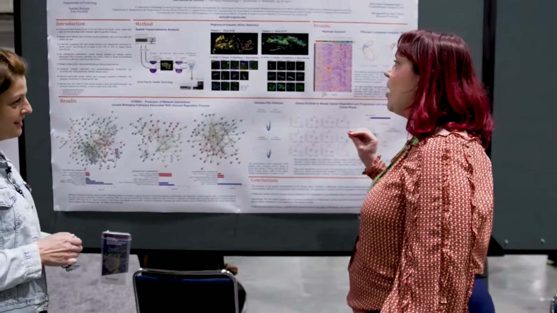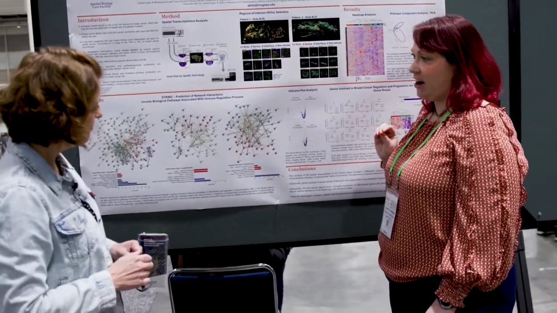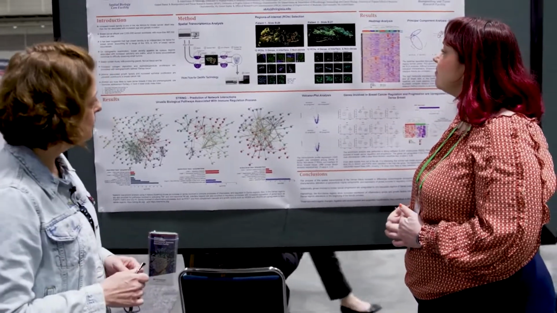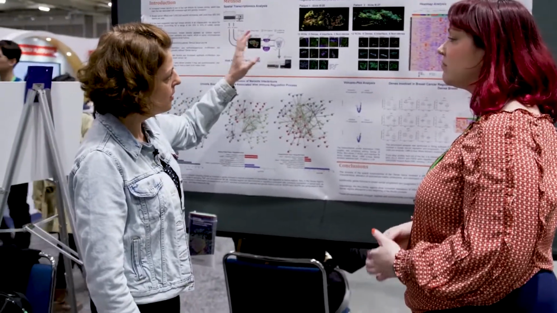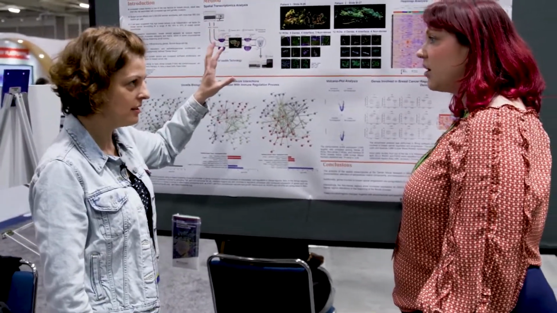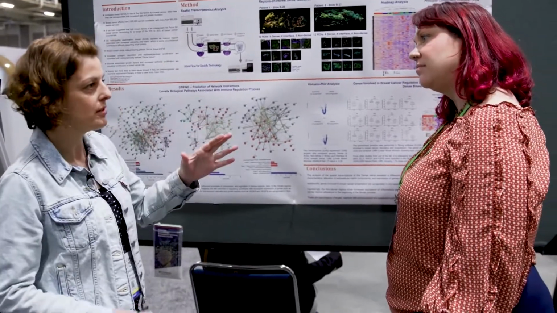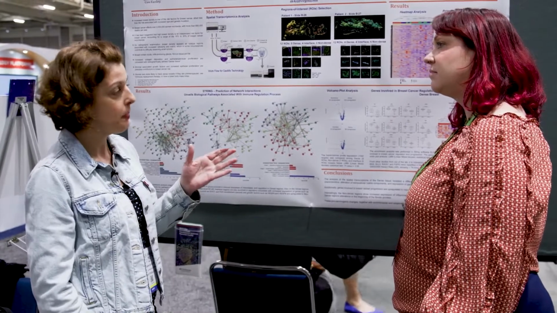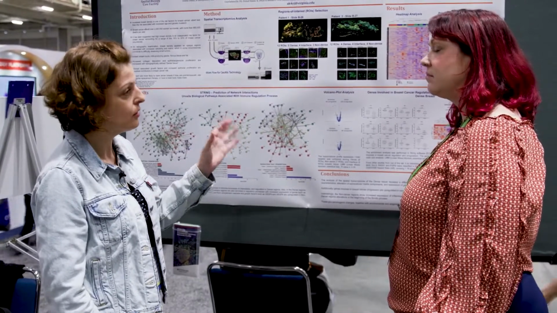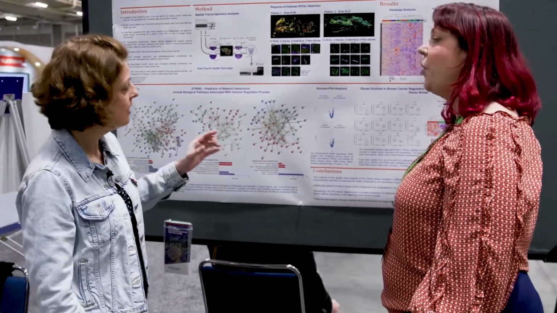How did you decide what areas of the tissue to profile? Yeah, here I used normal breast, but these women have dense breast. It's a condition that some women have. Dense breast is a risk factor for developing breast cancer.